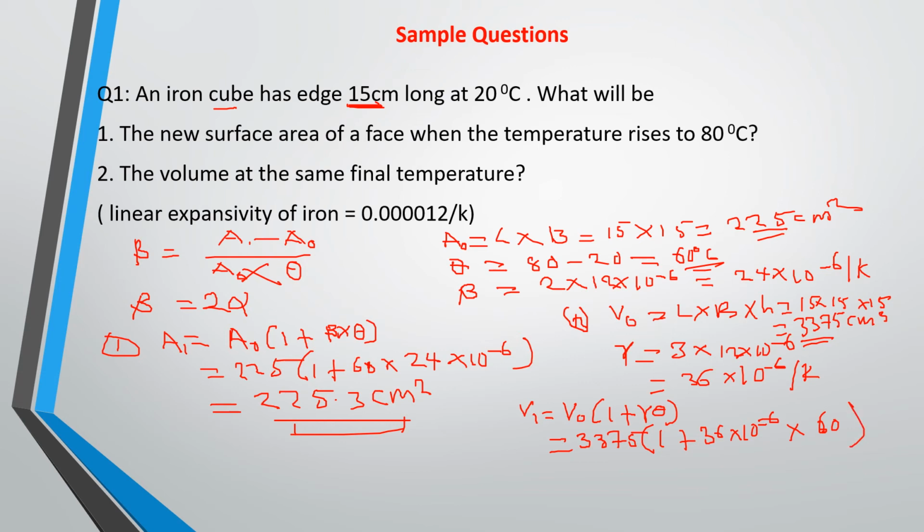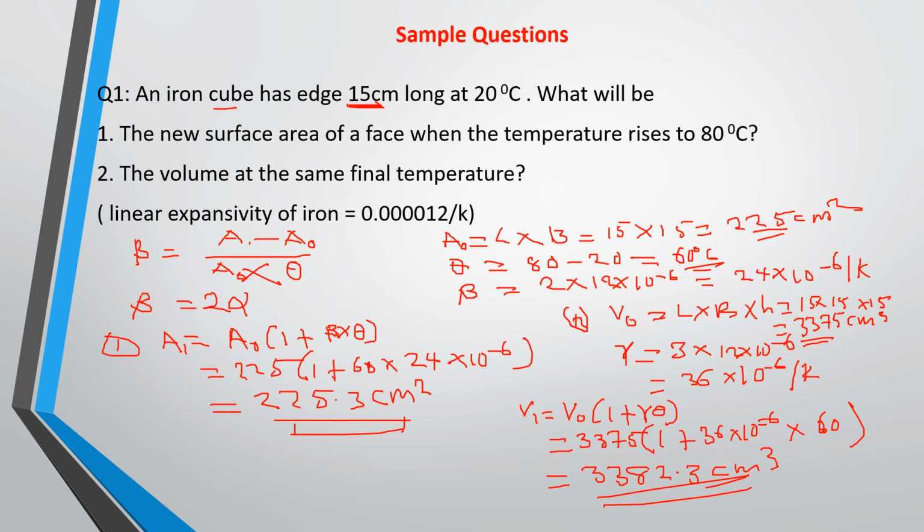So work that out with your calculator, and you will have your new volume to be 3382.3 centimeter cube. If you look at all these problems, you find out that they are not really that difficult. It's just for you to know what to apply when you want to solve problems on this.